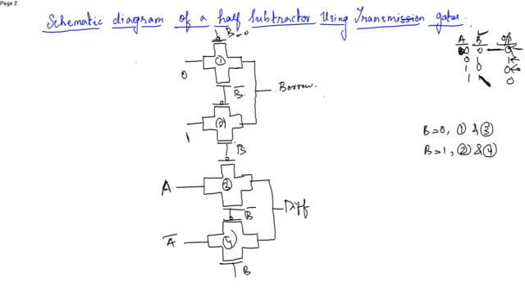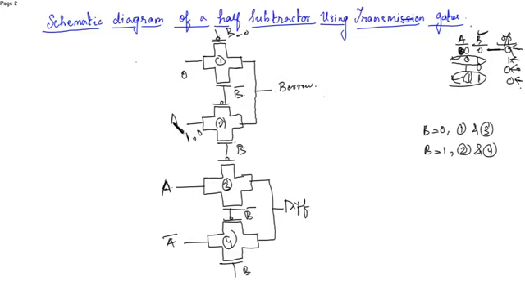When it's 1, it should be 0. So if you see these two cases, in 0-1 case output is 1, in 1-1 case output is 0. That means whatever the value of A, the reverse is seen in the output.